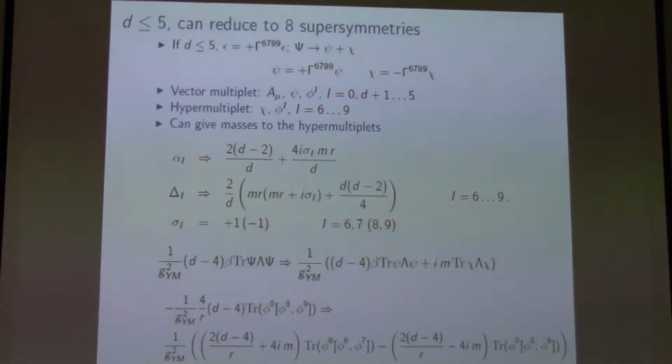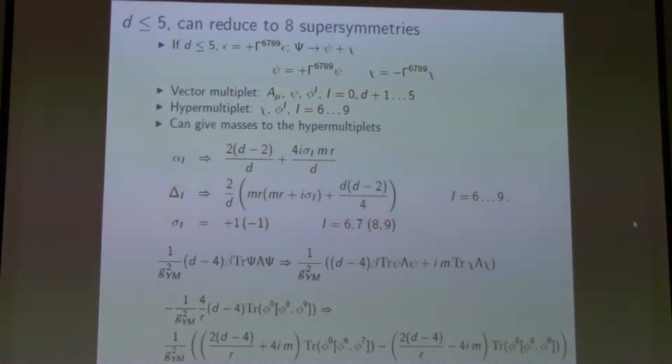So in terms of the 16-dimensional, maximally supersymmetric language, your fields split into a vector multiplet and a hypermultiplet, where the vector multiplet is made up of the gauge fields and the scalar fields that are either 0 or d plus 1 up to 5. And there are hypermultiplets which come from the chi and the rest of the scalar fields, where they go from 6 to 9. So you can see that this has 4 scalar fields in it, and this is the corresponding fermionic partner.